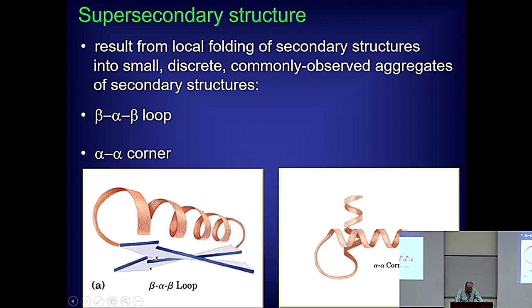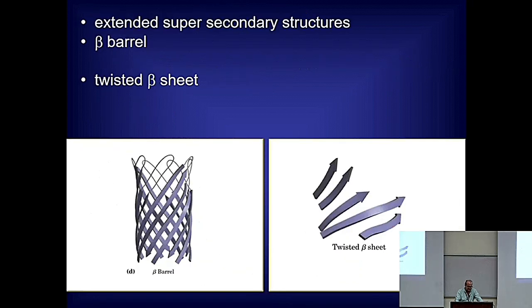You can have this type where you have alpha, then random, then alpha. So creating a further organized structure known as a supersecondary structure. There are many of them, and you don't need to memorize what they are, but you just want to understand that they're further organization of a secondary structure.